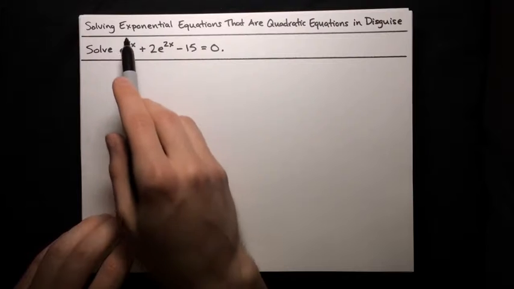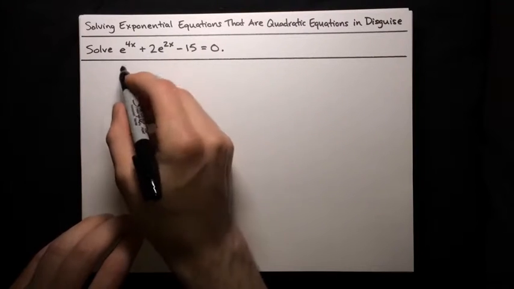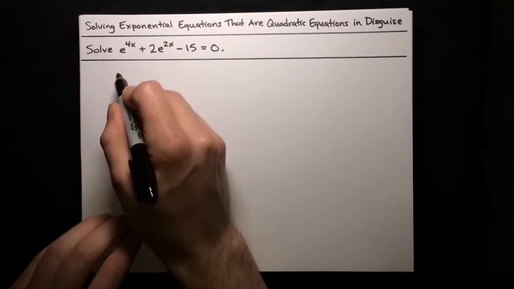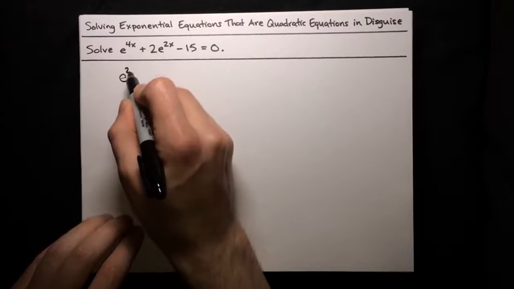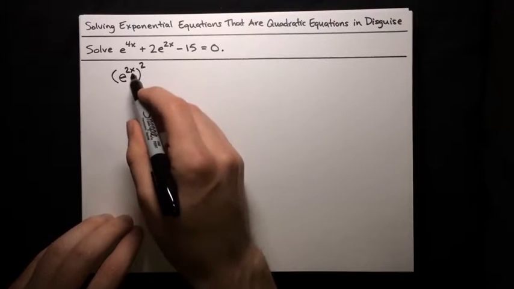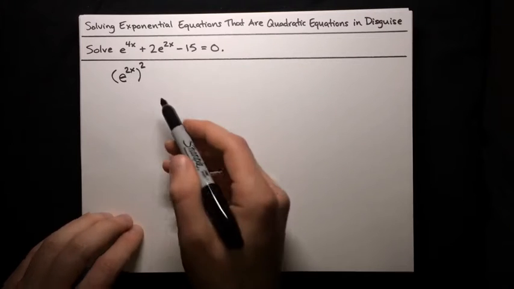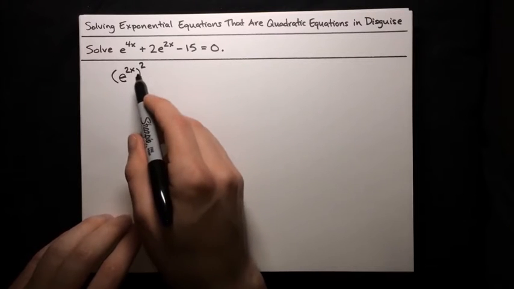Let's just take the highest exponent term, this e to the 4x, and how can we turn that into a squared term? Well, we'll just write it as e to the 2x, squared, because squaring an exponentiated expression just amounts to multiplying these exponents. 2 times 2x is 4x. So yeah, that'll give us a squared term.